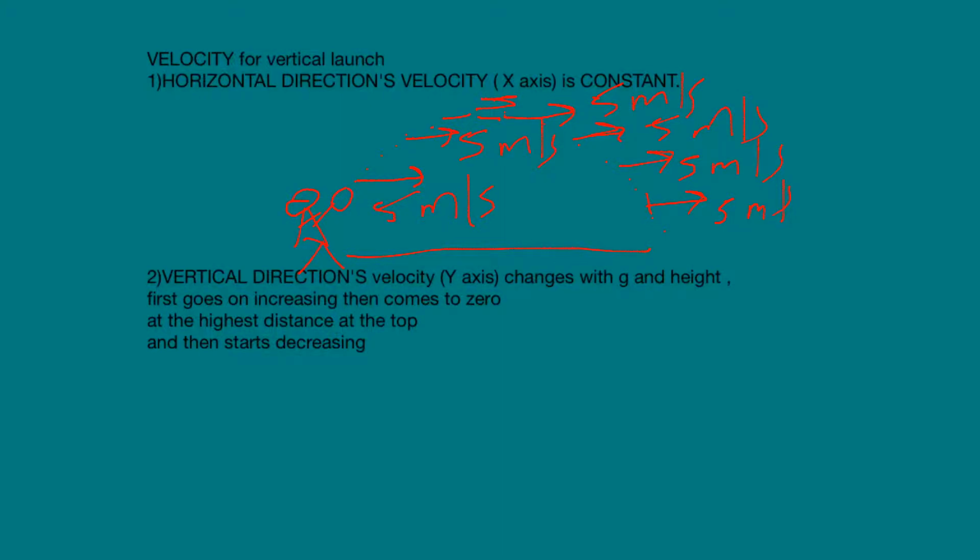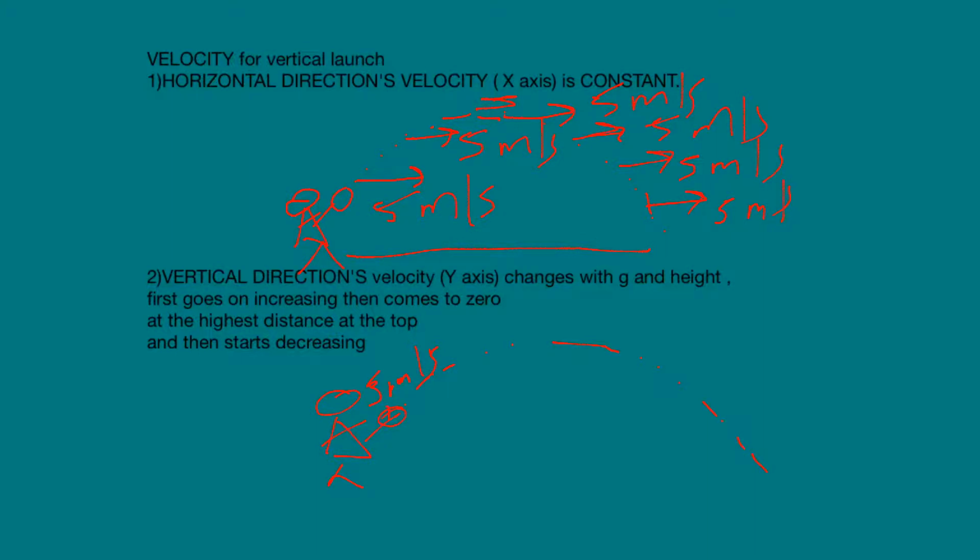Now the vertical direction velocity, along the y-axis, changes with g. We will take this same example. The person is throwing the ball, so the ball will move like this. Here we can see the velocity is changing. Suppose the initial velocity is 5 meters per second along the y-axis.